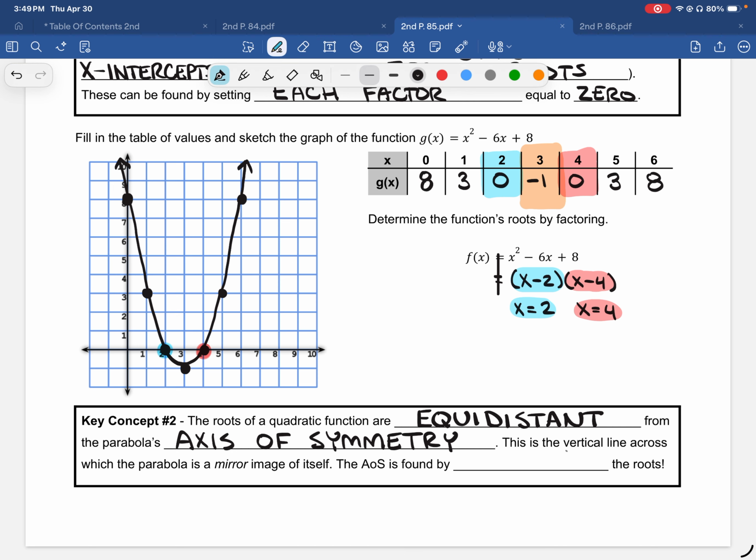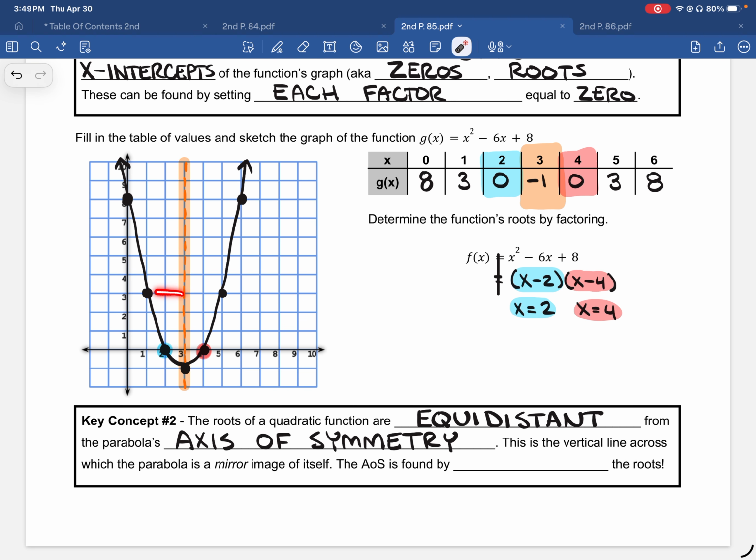An axis of symmetry is the vertical line across which a parabola is a mirror image of itself. Well, if I look at the graph, I see that the graph is sort of symmetric along this line that I'm dotting in orange. Everything to the left is the same as everything to the right.